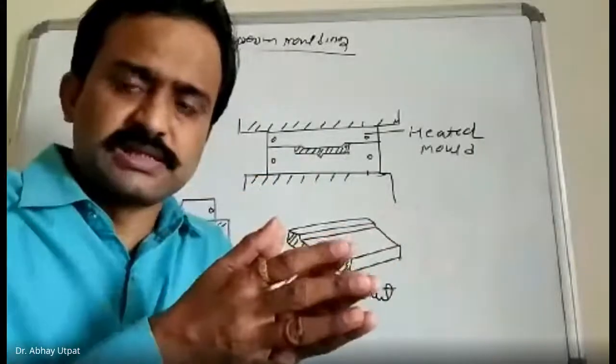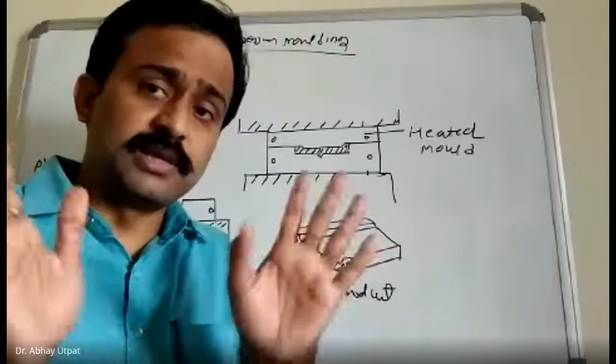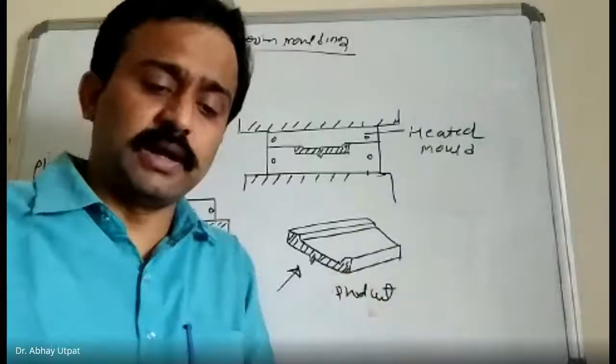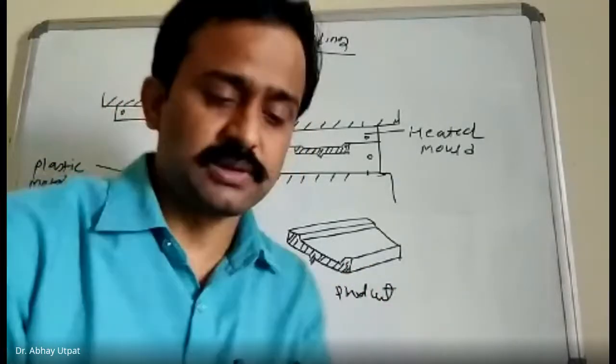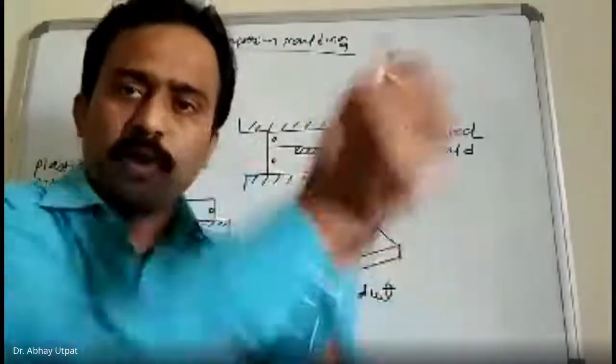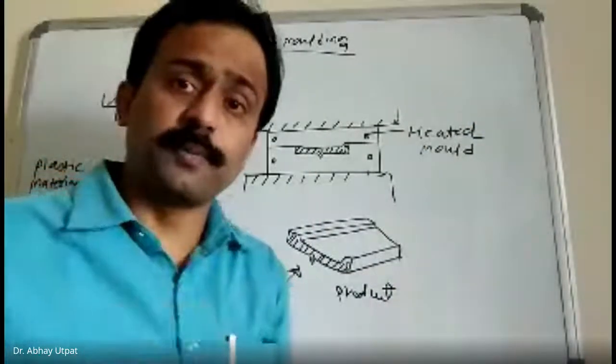Cycle time is less. If there is not proper cooling, what will happen? Suppose I have produced a small pipe, a cylinder. If there is not proper cooling, there will be distortion. The pipe will become crooked. Are you getting my point? Due to improper cooling, it may happen.